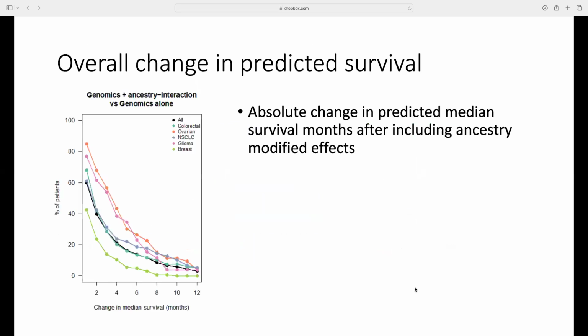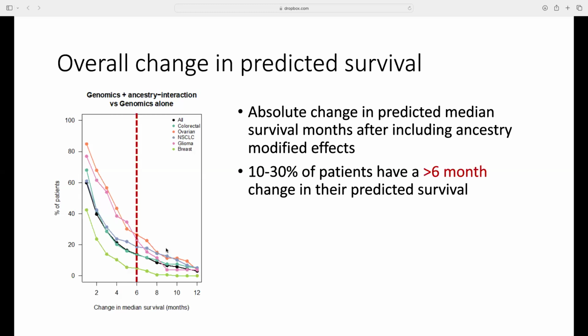And again, to make that maybe even more clear, we plotted the change in predicted survival for patients between a model that includes only genomic information and a model that includes these ancestry somatic interactions. So if we improve the model to incorporate ancestry, how much of a change do we get on average? We're looking at this distribution across different cancer types.